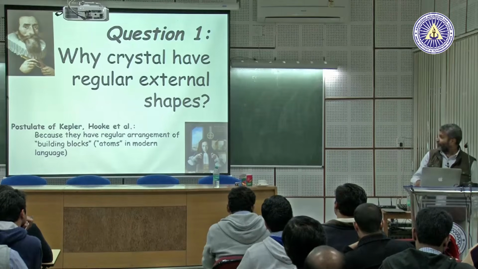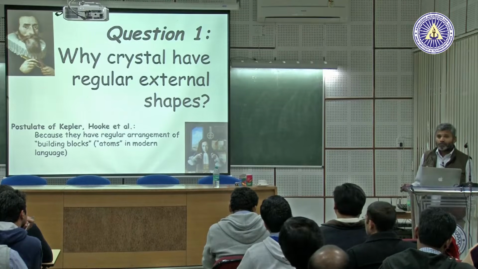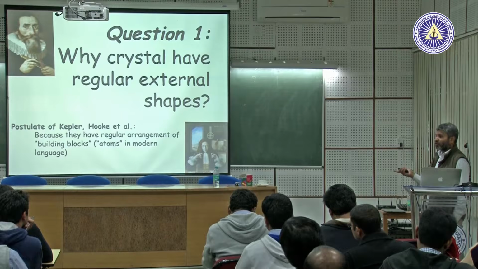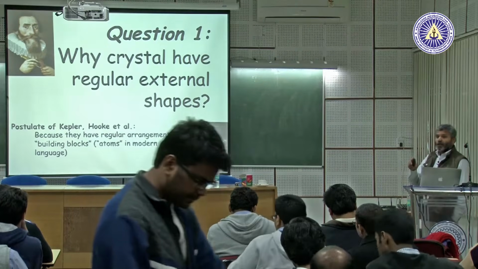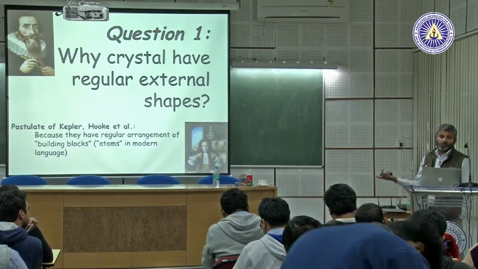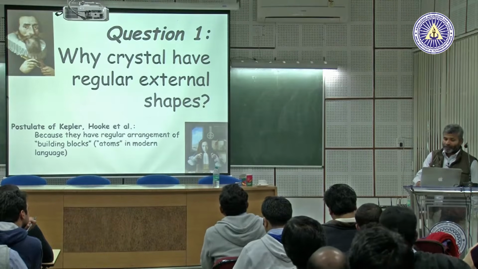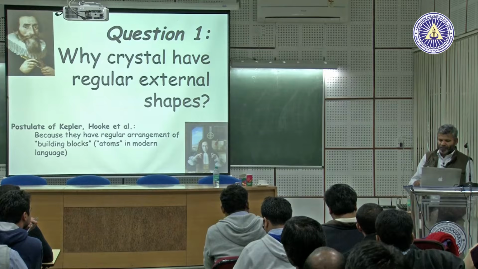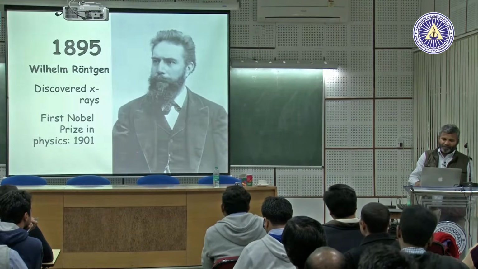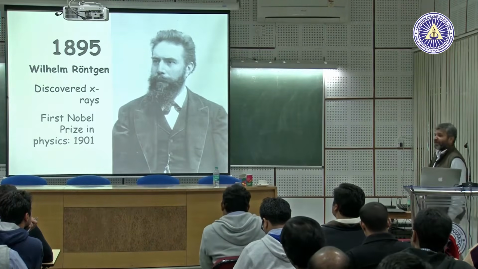But what these parts are was not defined, atom was not defined, and there were no tools to look at whether they are regularly arranged or not. So, this question in 1750 remained a hypothesis. The tool came much later.